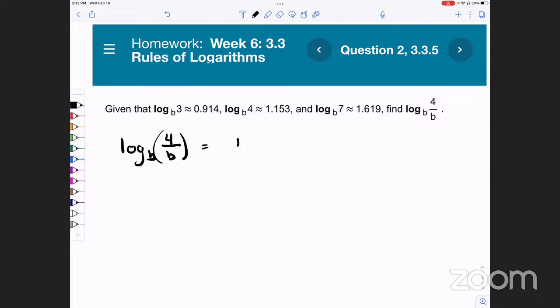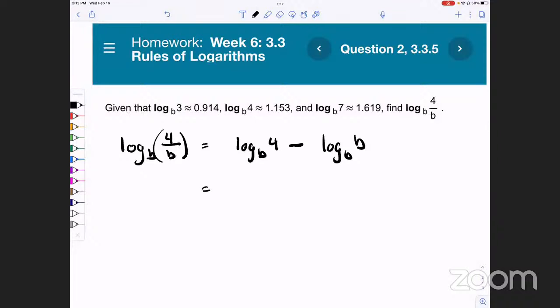So this is the same as log base b of 4 minus log base b of b. That's the quotient rule. The instructions gave us that log base b of 4 is 1.153, minus log base b of b. This is 1, right? So then that result is going to be 0.153.